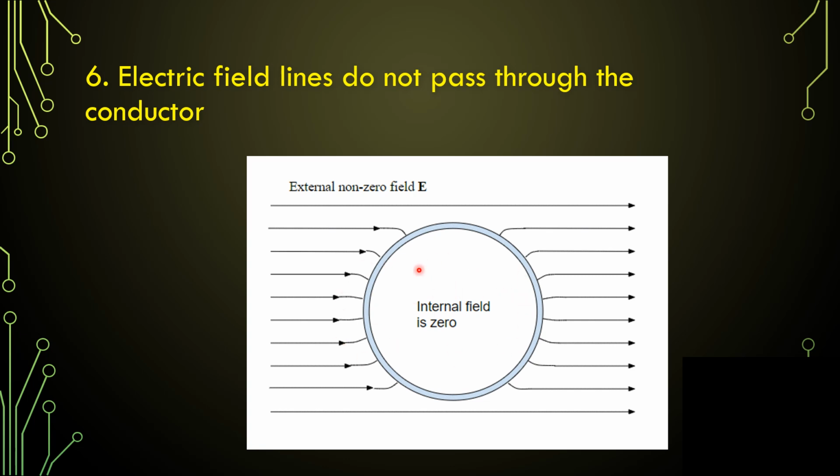So therefore, there are no field lines. Field lines do not move through the conductor, because the electric field inside the conductor is zero. Charge is zero, electric field is also zero, and hence electric field lines do not pass through the conductor. They are always perpendicular to the surface of the conductor.